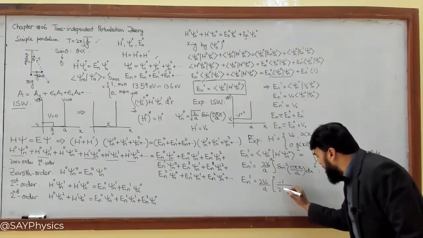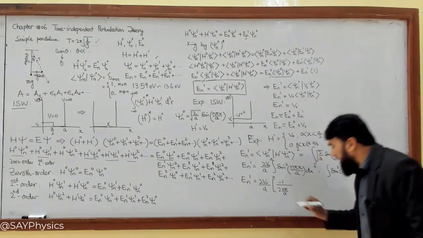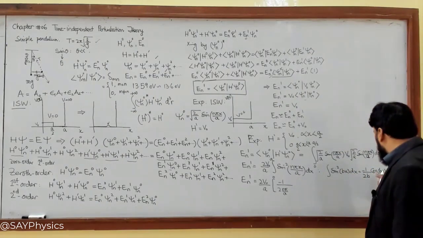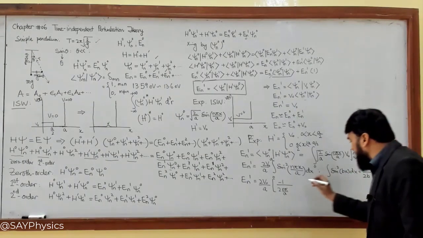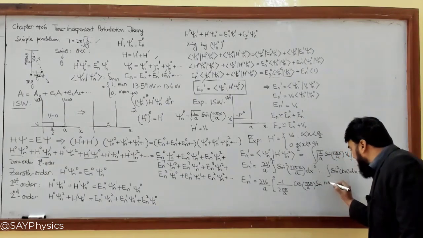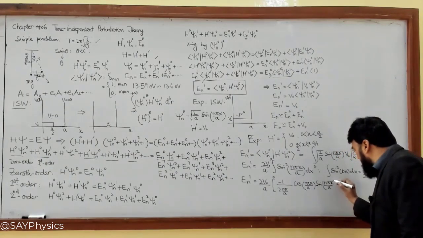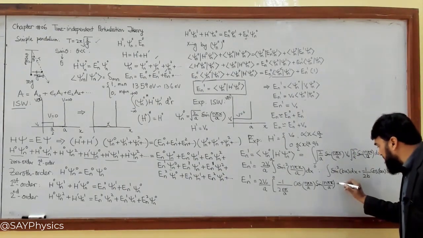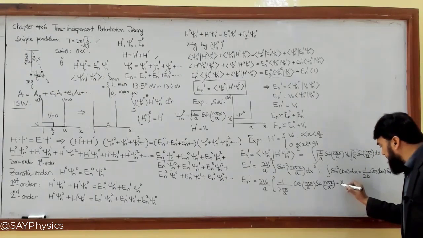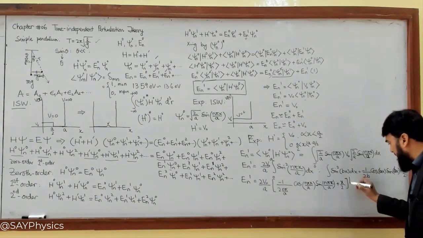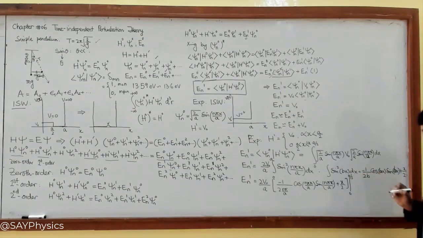So this is minus 1 over 2 n pi over a, and then cos n pi x over a sine n pi x over a, and then plus x over 2, and it is now having the limits from 0 to a by 2.